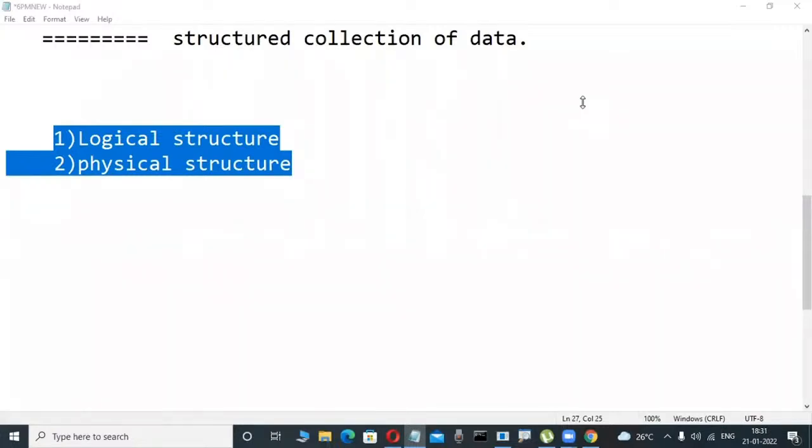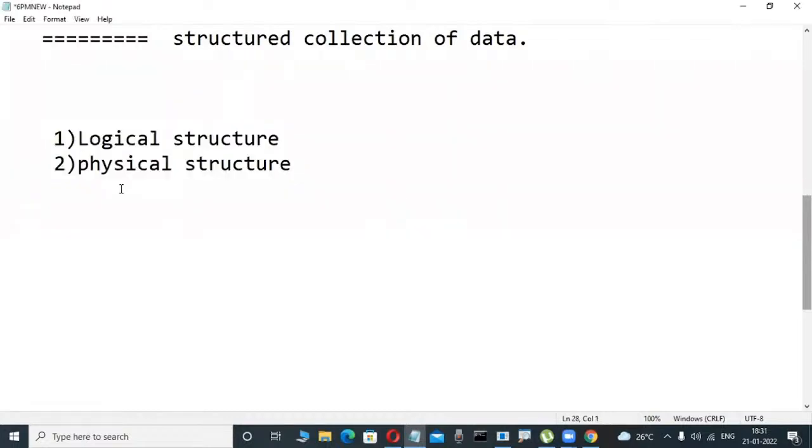Anybody? Okay, some fellows are telling logical structure means logical structure, physical structure means physical structure only. No, don't tell like that. What is logical and what is physical is very easy. Suppose you are a Java, Python, or Oracle developer, or I am a PL/SQL developer.